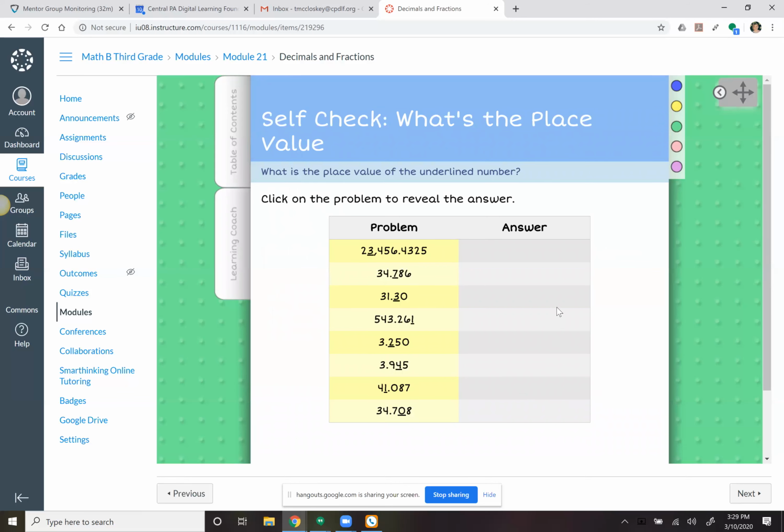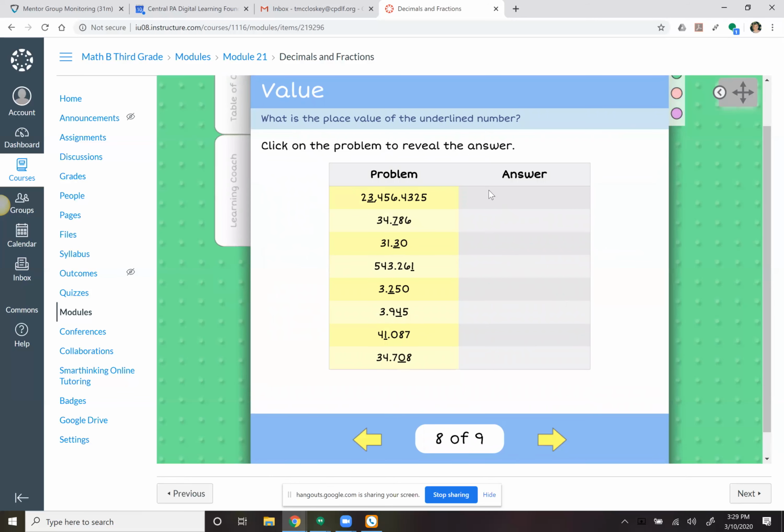All right. So we're going to try this one now. This is getting a bit harder. Do you see the underline? Okay. What place value is that underlined number? In the hundreds.